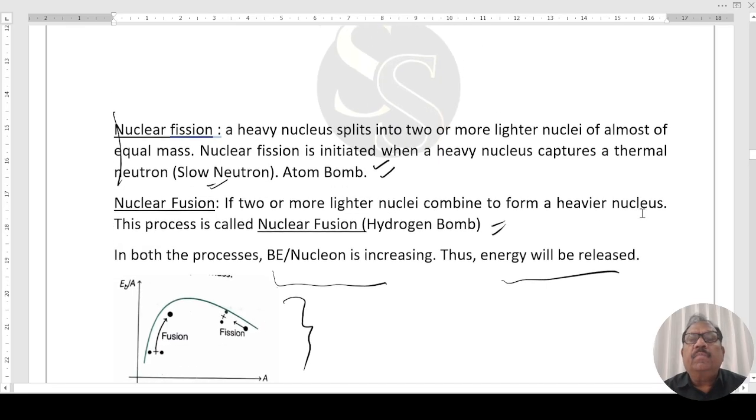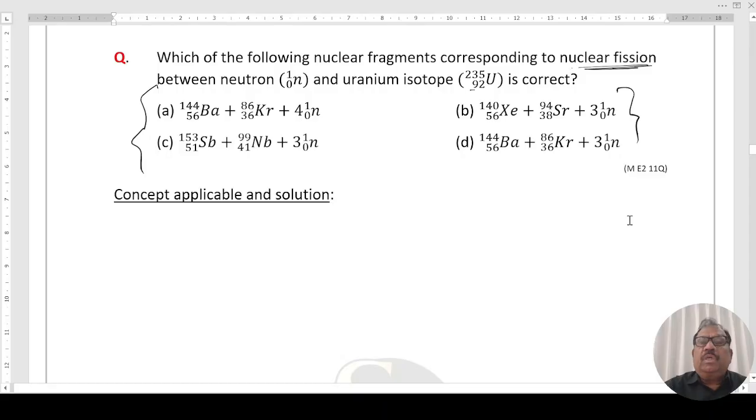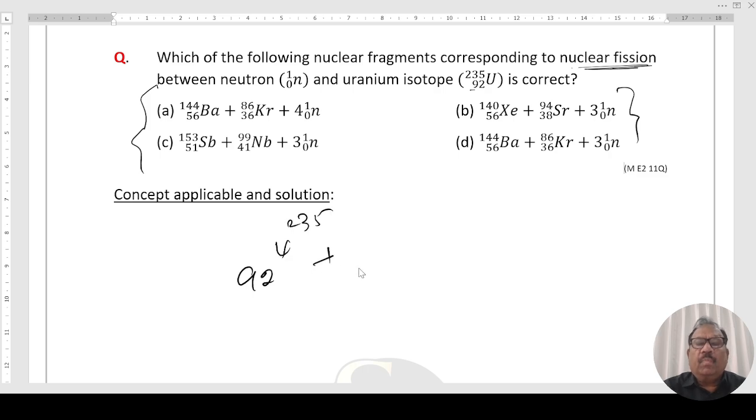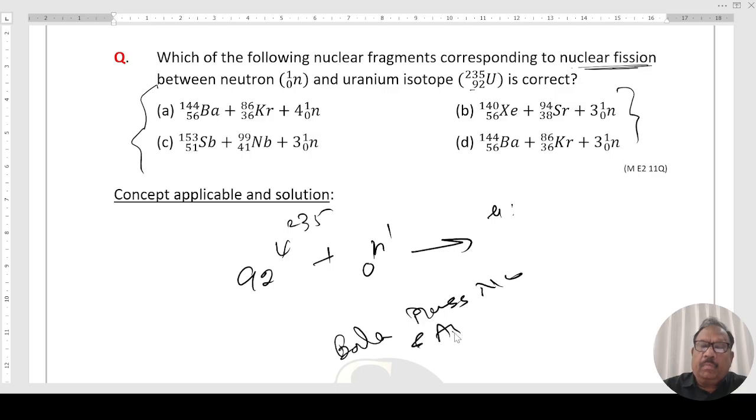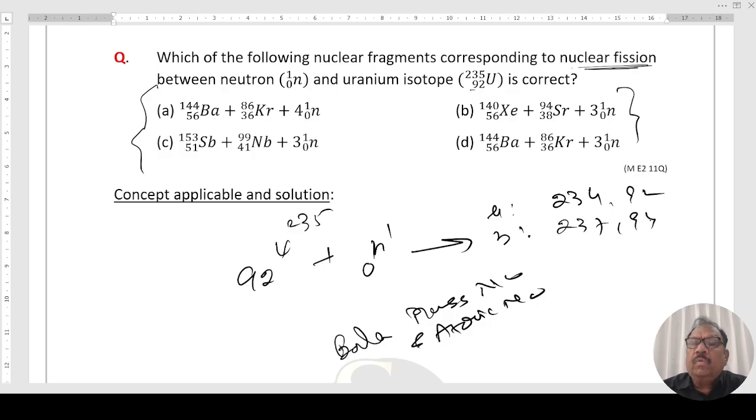Now, come to the question. Uranium 235 with atomic number 92, plus neutron 0 and 1. We have to balance the mass number and atomic number. In option A, 234, 92. Option B comes to 237 and 94.